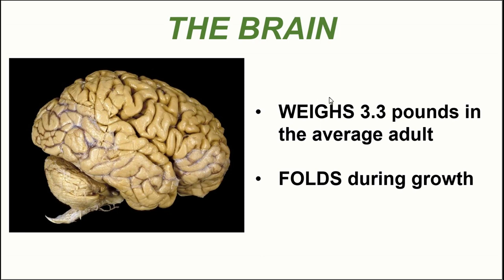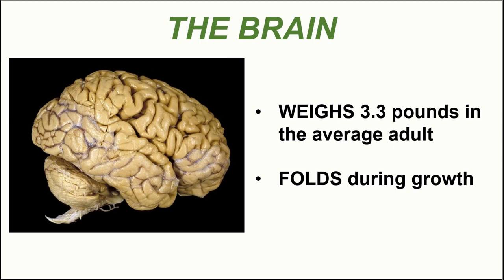In the average adult, the brain weighs about 3.3 pounds, and it's roughly the size of two fists put together. The first thing that we notice about the brain is the foldedness, or the kind of wrinkled appearance. The outer surface of this part of the brain that we call the cerebrum, and this smaller part right here, which is called the cerebellum, are elaborately folded, and they take on this wrinkled appearance, kind of similar to the appearance of a walnut.